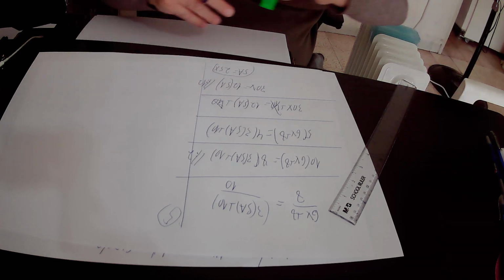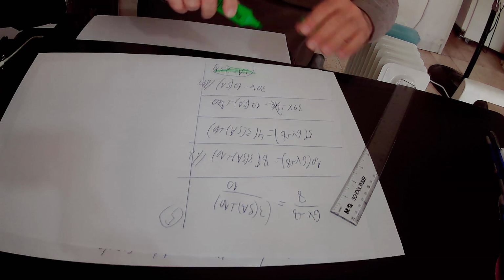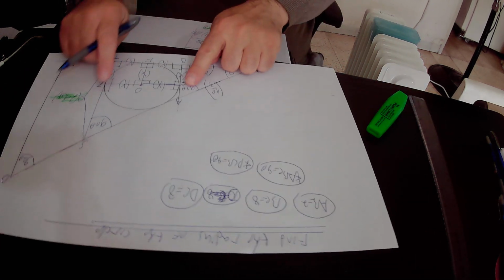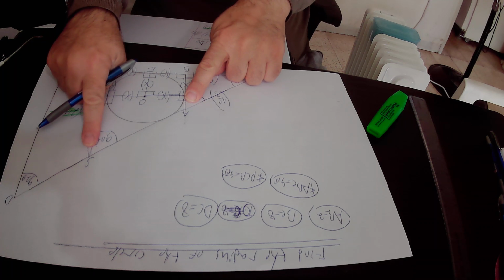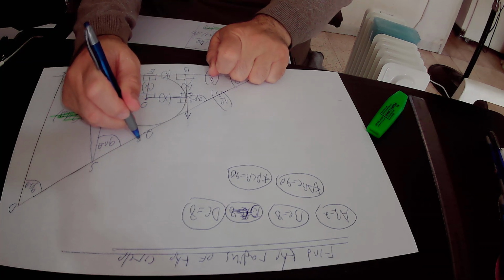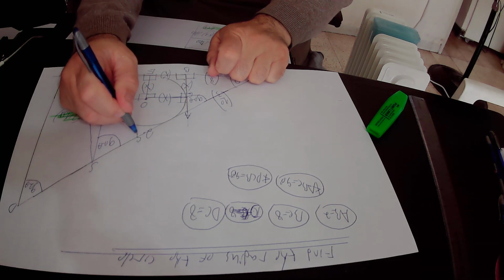So we found out that line segment SA, this is line segment SA, equals 2.5x in its length. So I write it down here in the drawing: SA equals 2.5x.